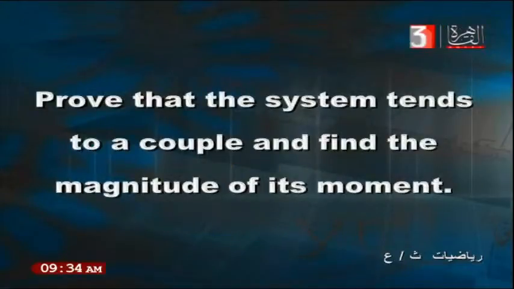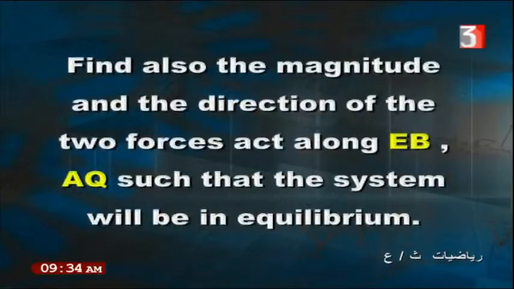Prove that the system tends to a couple and find the magnitude of each couple. Find also the magnitude and direction of the two forces which act along EB and AO such that the system will be in equilibrium.